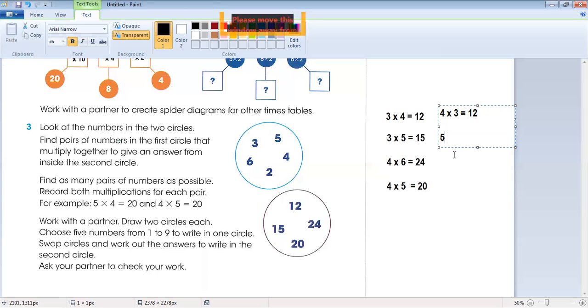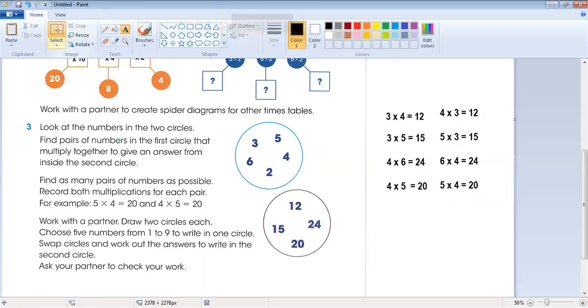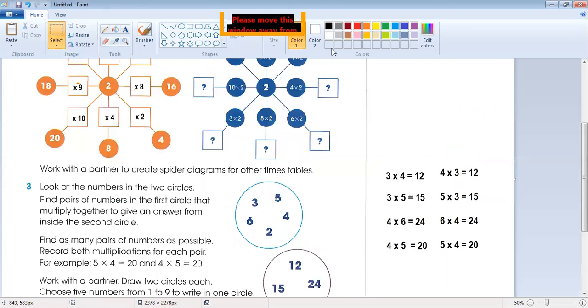Same like this: 5 multiply 3 equals 15. Here 6 multiply 4 is equal to 24 also, and here 5 multiply 4 is equal to 20. So these are the pairs. Hope you understand the question, and now try to do this by yourself.